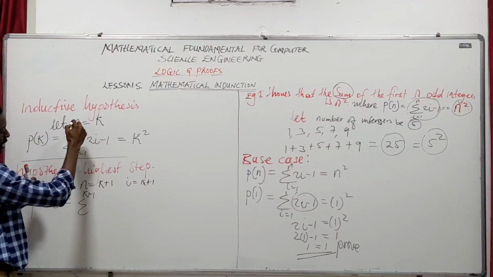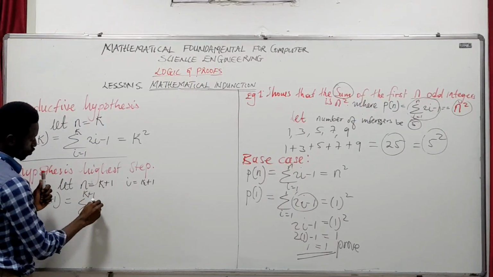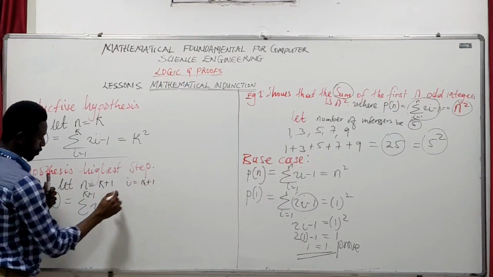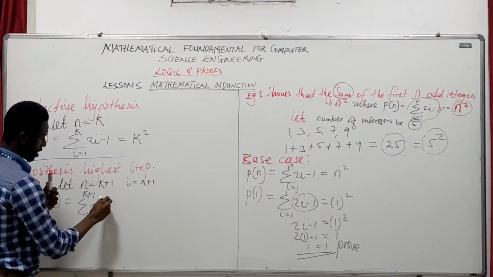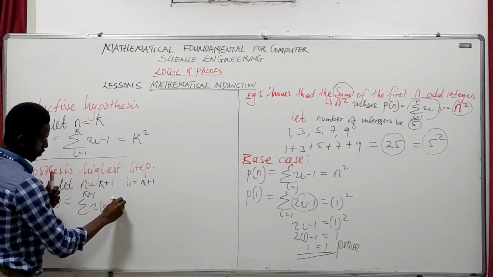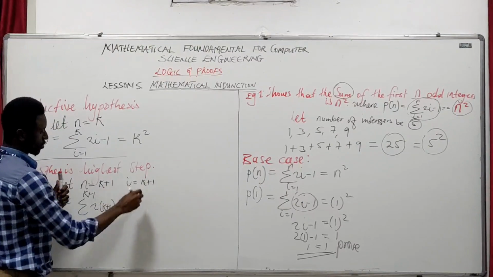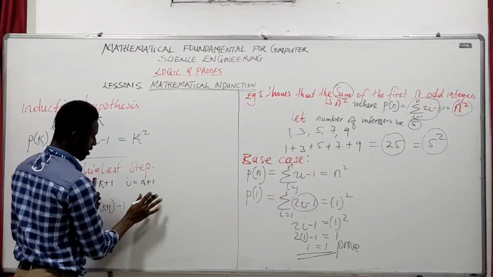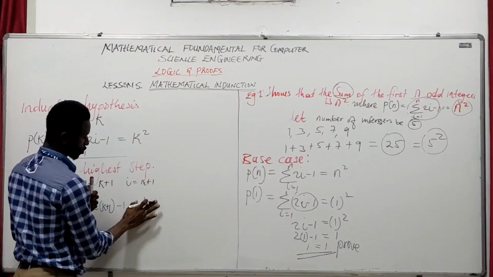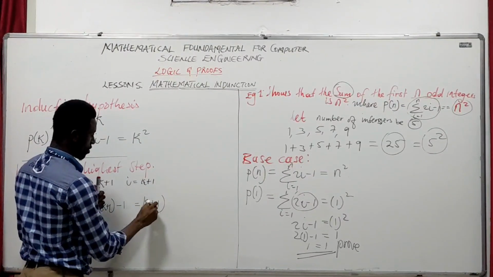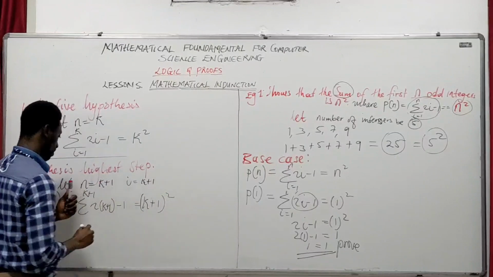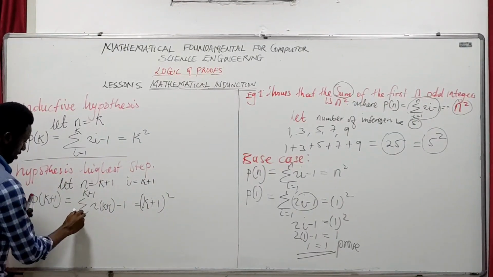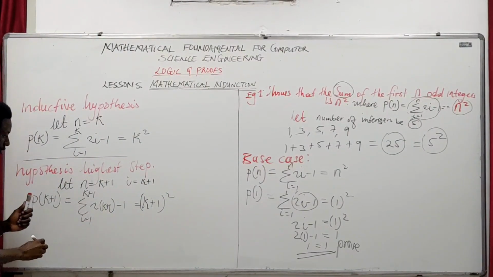Instead of k, now we say k plus 1. 2 into k plus 1 minus 1 equals k squared, but k is k plus 1, so k plus 1 all squared. I here is 1.